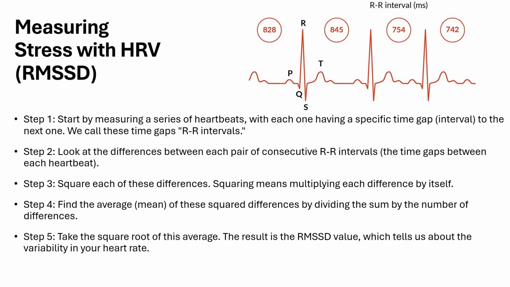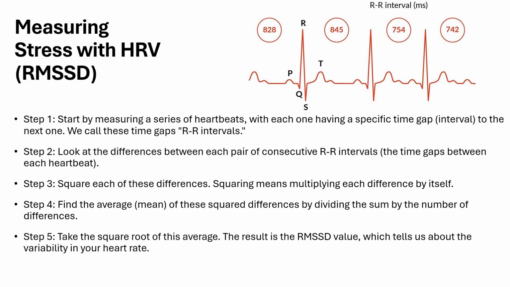We call these the RR intervals because the really strong peak on the graph at the top is called the R peak. You can research what the P, Q, R, S and T mean. These are all different parts of the heartbeat, and they were randomly assigned these letters, so have a little research if you've got time. But we're just looking at the difference between the R peaks, so we call these the RR intervals.